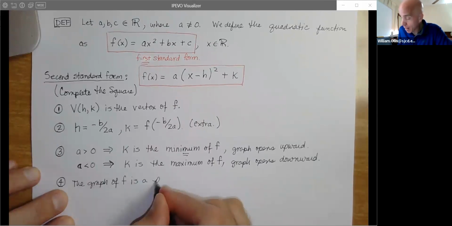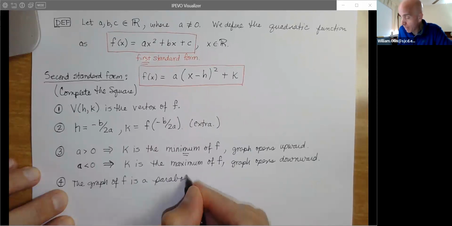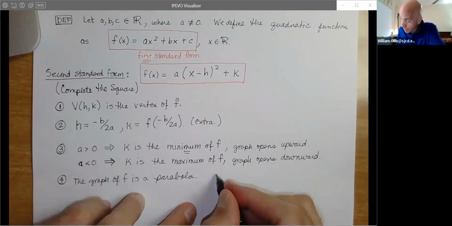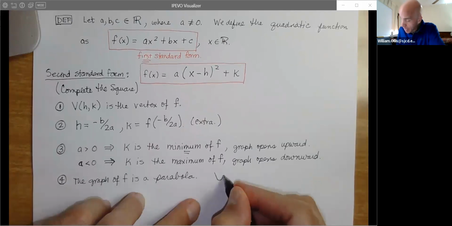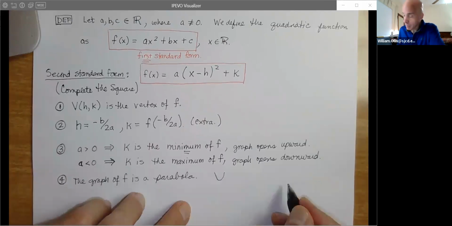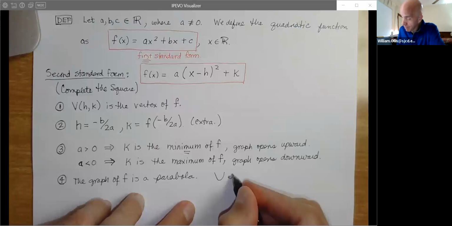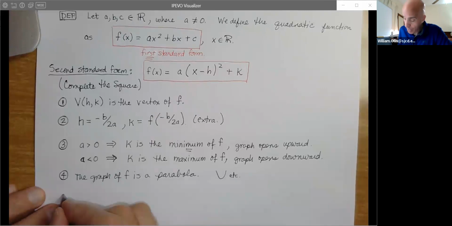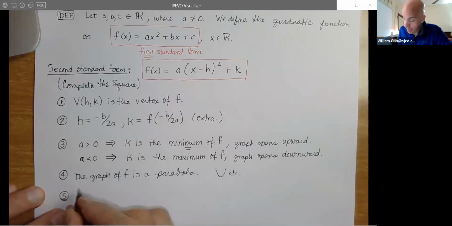This is actually a conic section, and we'll talk about that later in the course. The U shape, so to speak, something like this. That's actually a conic section. And another attribute for 4, the vertical line, x equal h.